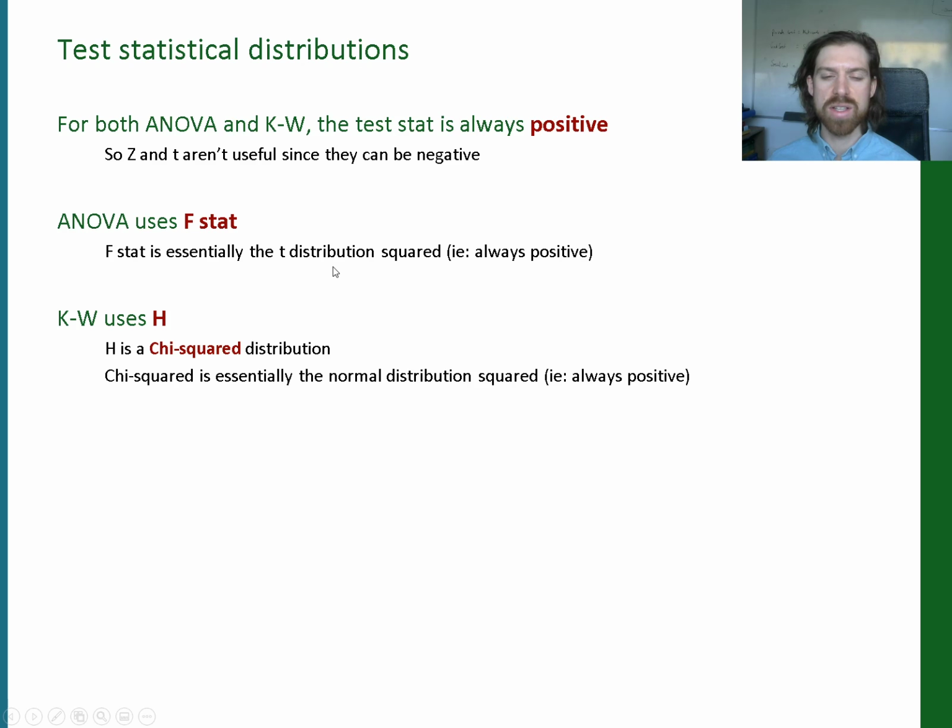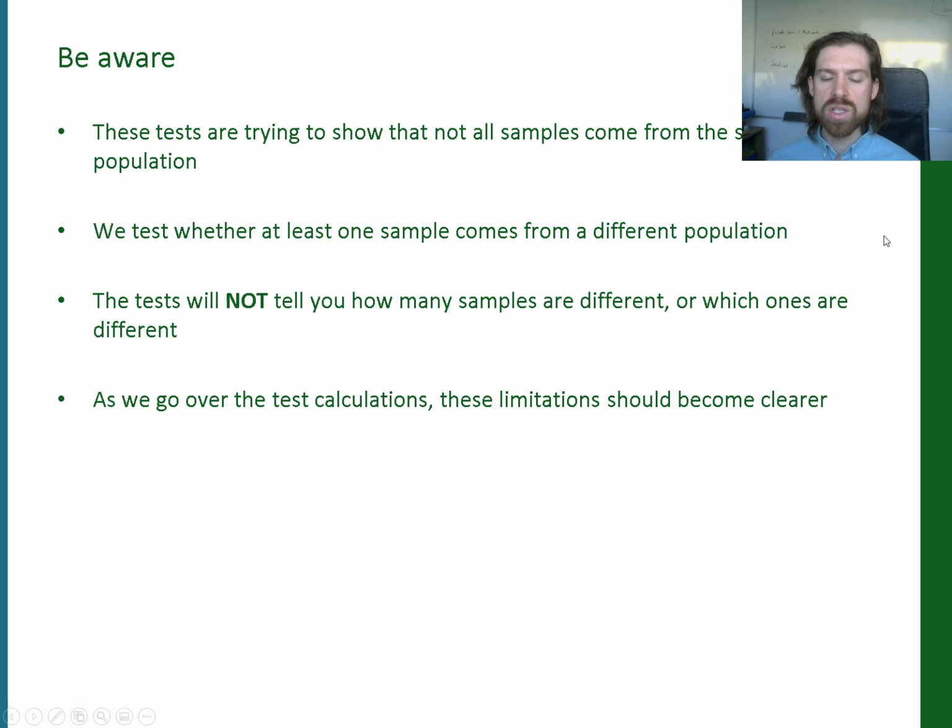So F is essentially the T distribution, but we square it so that it's always positive. And in the Kruskal-Wallis case we use the H statistic. So H is the chi-squared distribution, so this is essentially the normal distribution that's been squared again, so it's always positive. So you'll just need to learn those test statistics so that when we think about the test, you know exactly what we should be looking for.